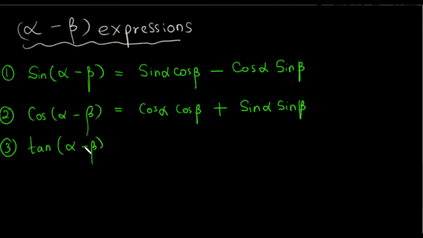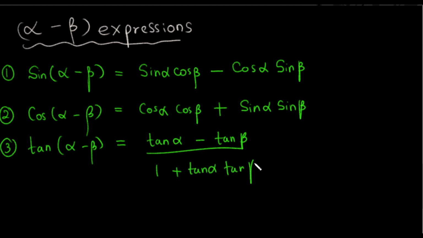So the tan of alpha minus beta is equal to tan alpha minus tan beta, divided by 1 plus tan alpha tan beta. How to derive this equation for tan of alpha minus beta?